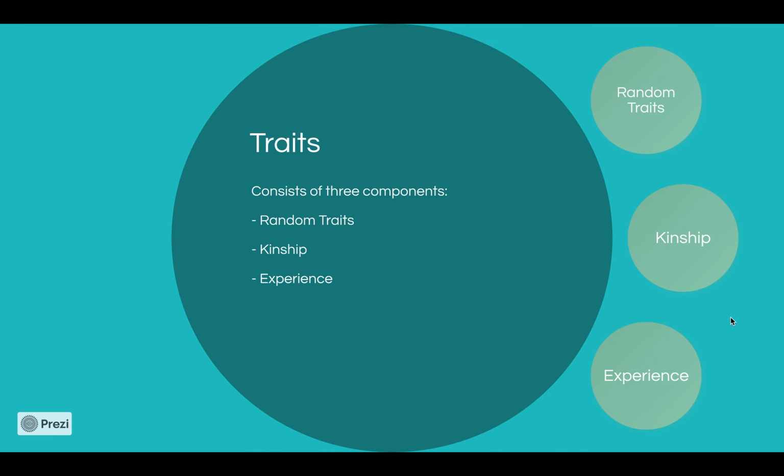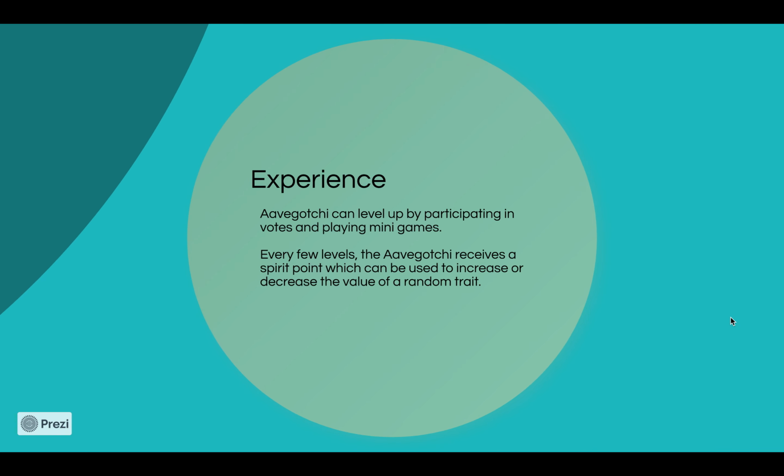Next, we're going to look at experience. For all the gamers out there, you would already know this concept. An Aavegotchi can actually level up by participating in votes and playing mini games. And it's a really cool thing. Every few levels, the Aavegotchi receives a spirit point, which can then be used to increase or decrease the value of a random trait.